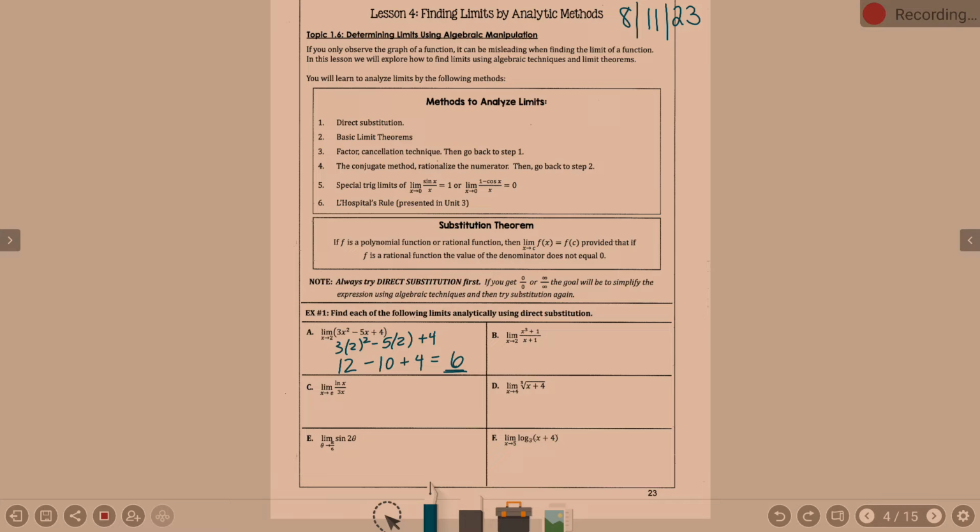If you can go ahead and plug the 2 in, and you don't run into a problem like 0 in the denominator or 0 over 0, just do that. We could factor this one, and we could cancel out the factor of x plus 1. We'd get the same answer, but it's just as easy to just plug them in as is, if you can. So 2 cubed plus 1 over 2 plus 1. What are we getting? 9 divided by 3 is 3.